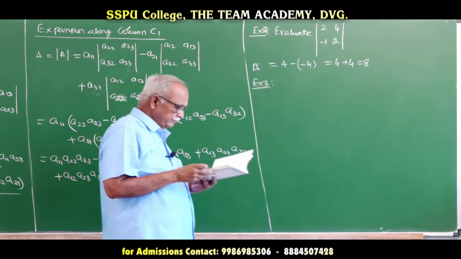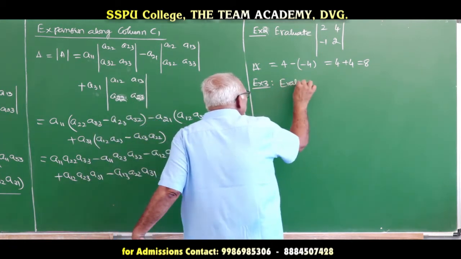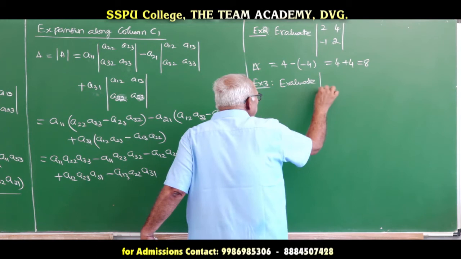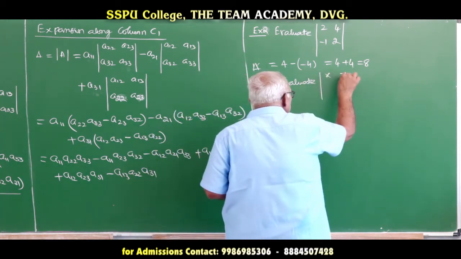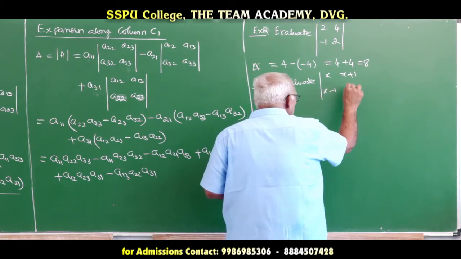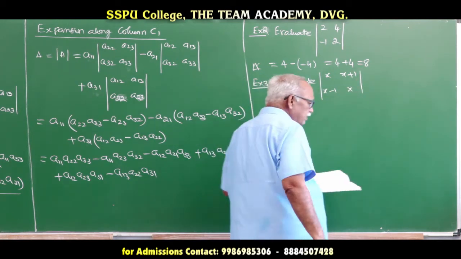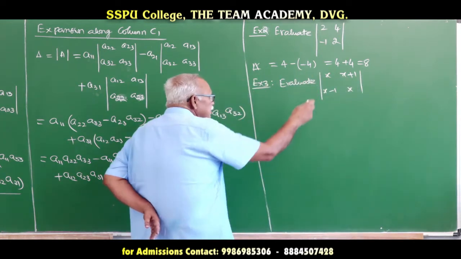Example 3: evaluate the determinant with first row x, x plus 1, second row x minus 1, x. Now, how to evaluate this?